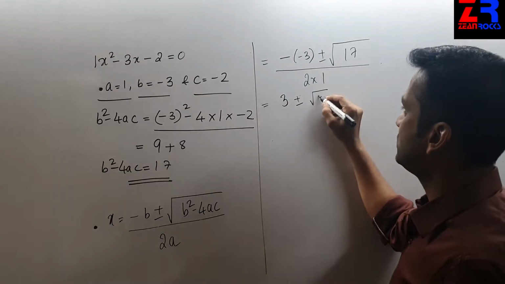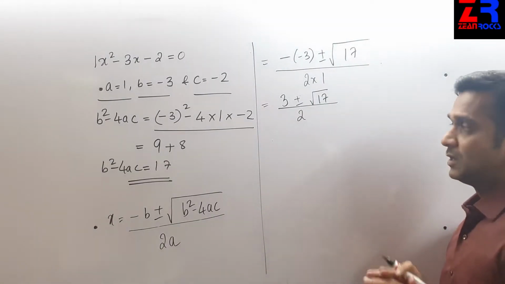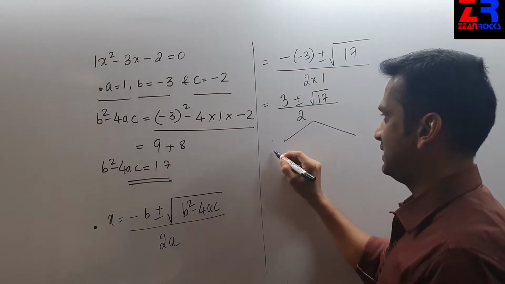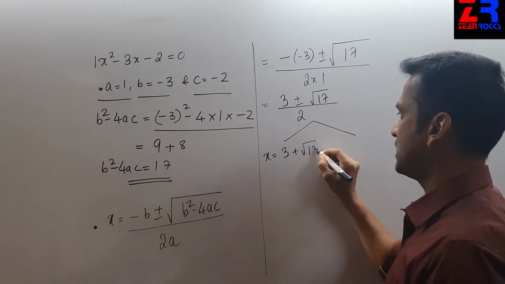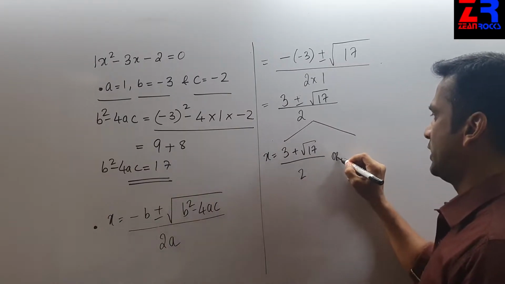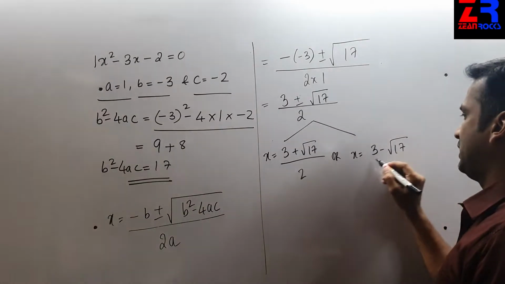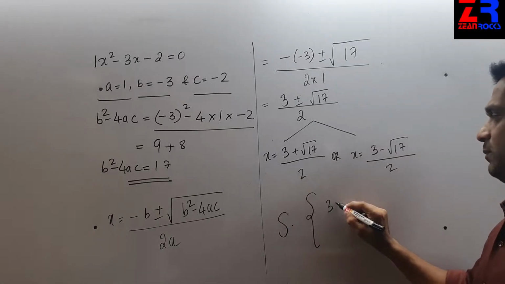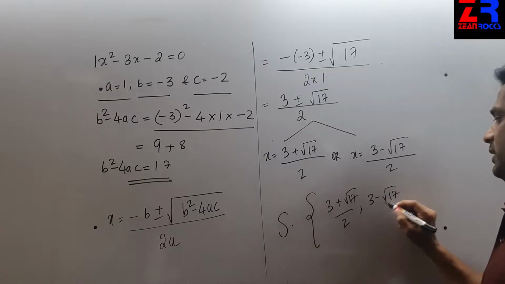I will write root 17 upon 2 ones is 2. Next, plus and minus. So there will be two answers. Either the value of x will be 3 plus root 17 upon 2, or it will be x is equal to 3 minus root 17 upon 2. So solution will be 3 plus root 17 upon 2 and 3 minus root 17 upon 2.